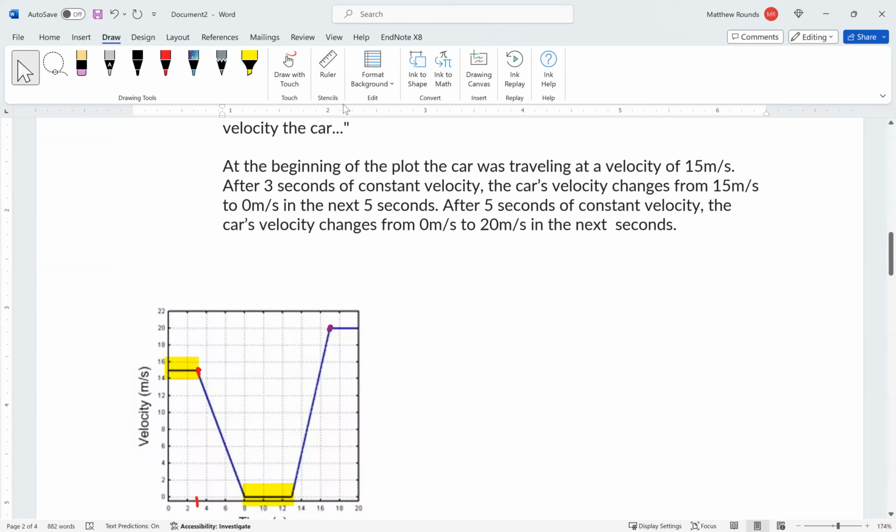Now, how much time did it take to go from this red dot down here to the purple dot up there? How much time elapsed? What's the starting time? What's the ending time? Oh wait, hold on. It starts at 13, it ends at 20. That's a good old 7 seconds.